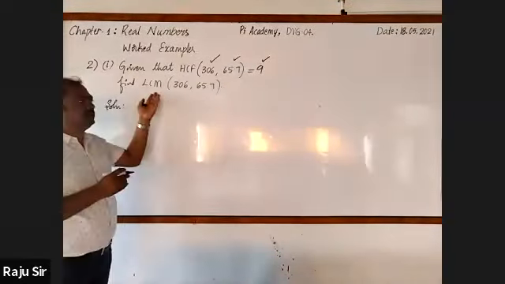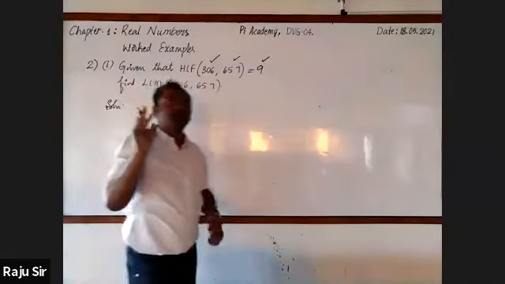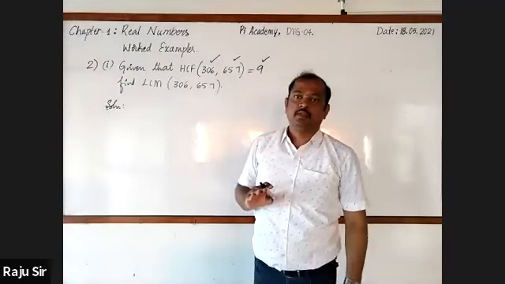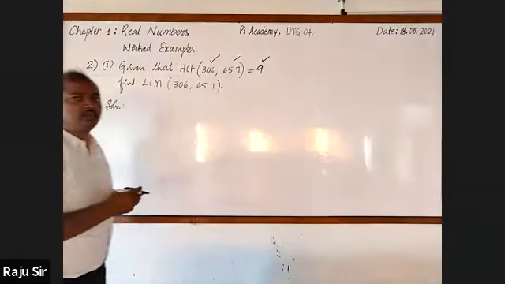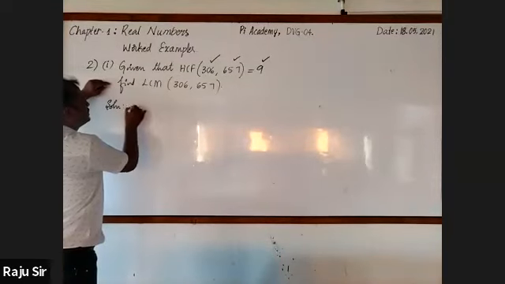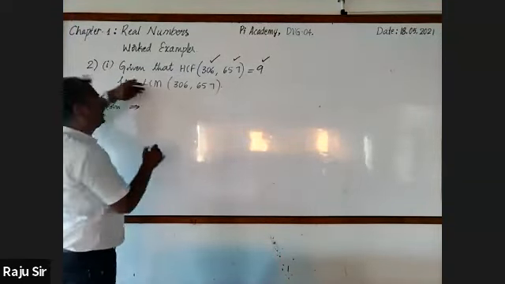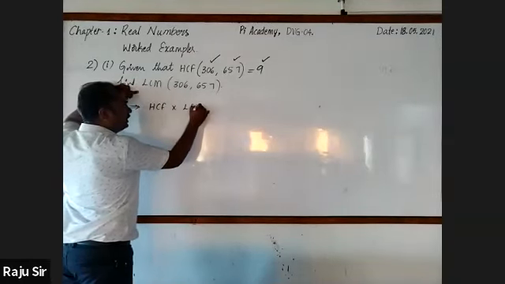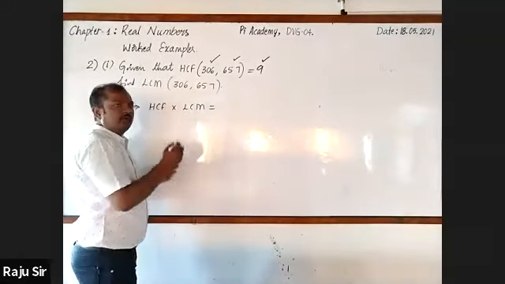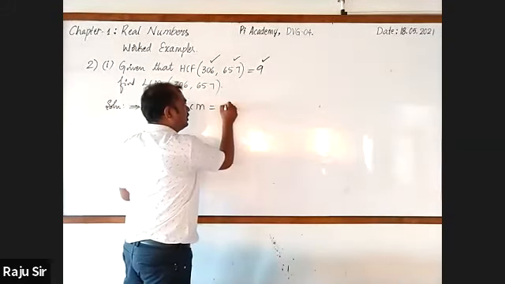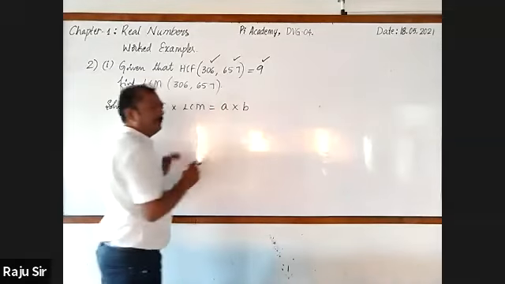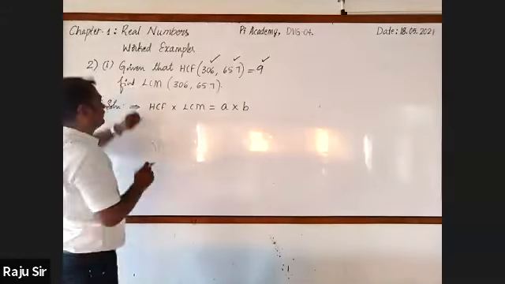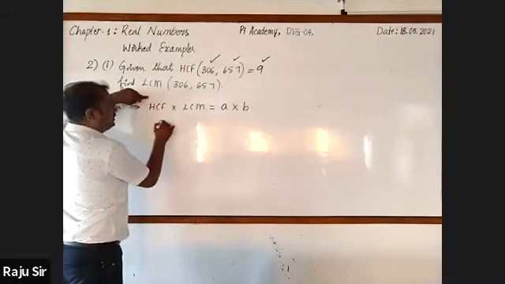You are going to find the LCM. Just recall that here 3 terms are given and you are going to find the 4th term. Hence, you need to write a statement which gives the relationship among all the 4 terms. That is, the product of HCF and LCM is equal to the product of the given numbers. You may write it as A into B. Here A is 306, B is 657. HCF is given, it is 9.